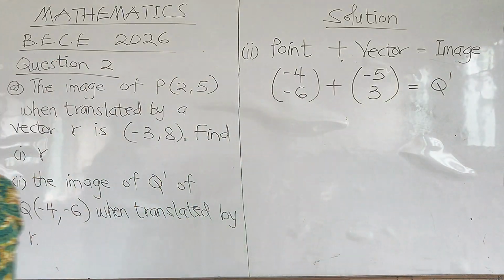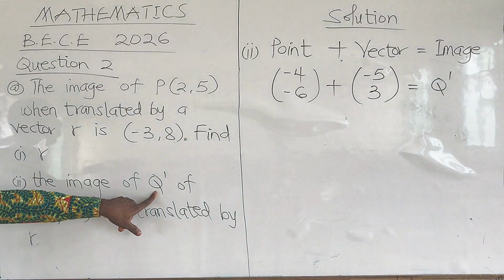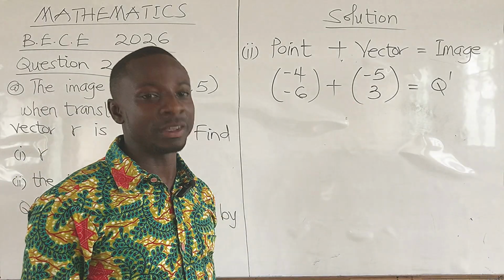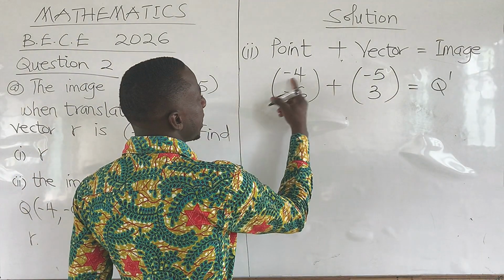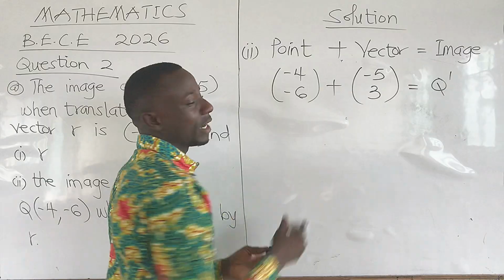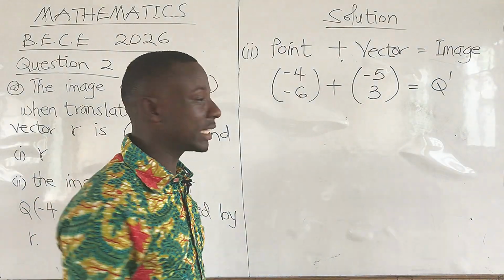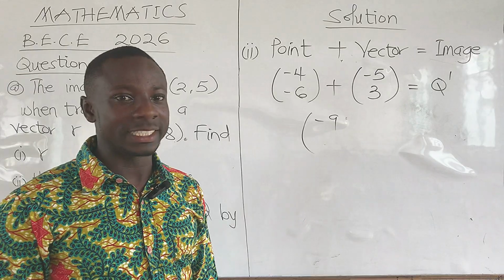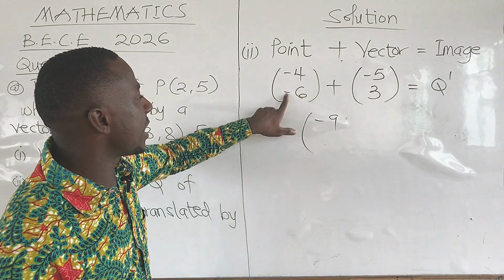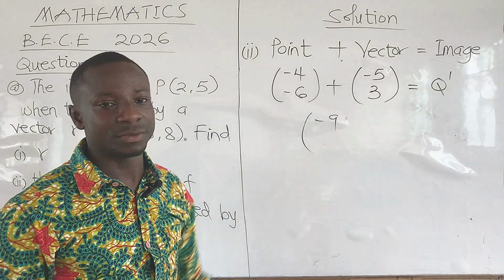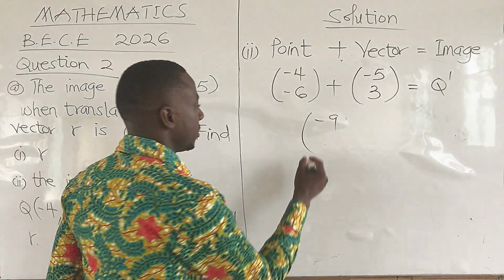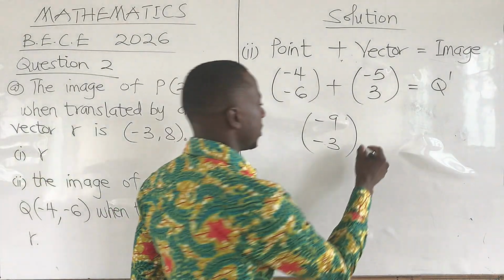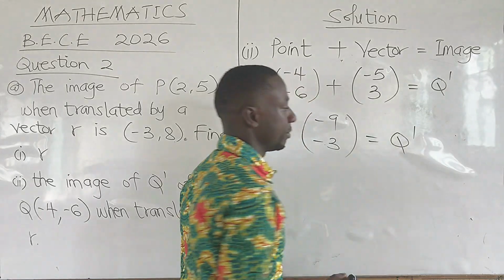And it will give us the image, and the image was represented by K prime. So here we are just going to evaluate. -4 plus -5. What do we think we are going to get? So we have -9. Good. Then -6 plus 3, we'll be getting -3, still equal to K prime.